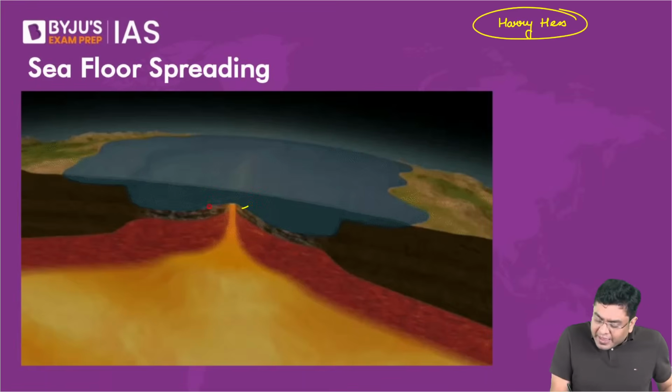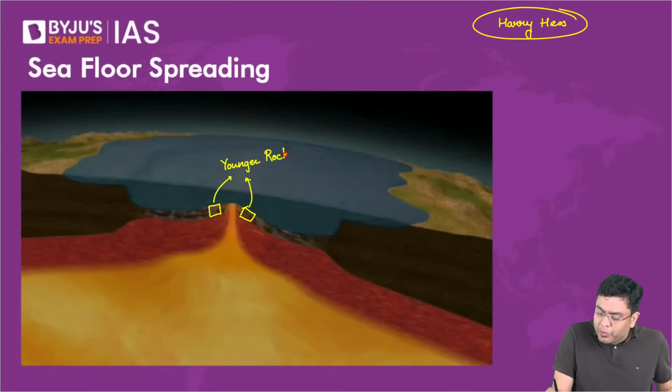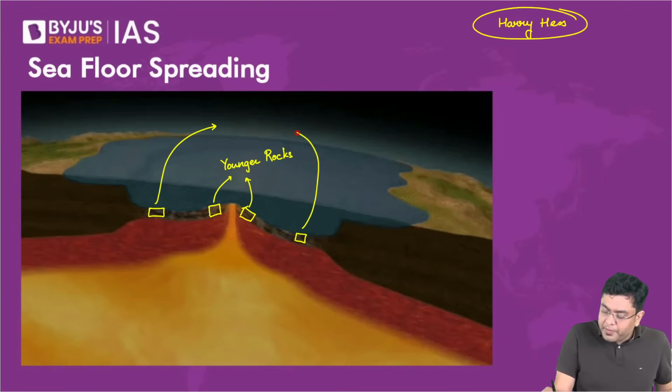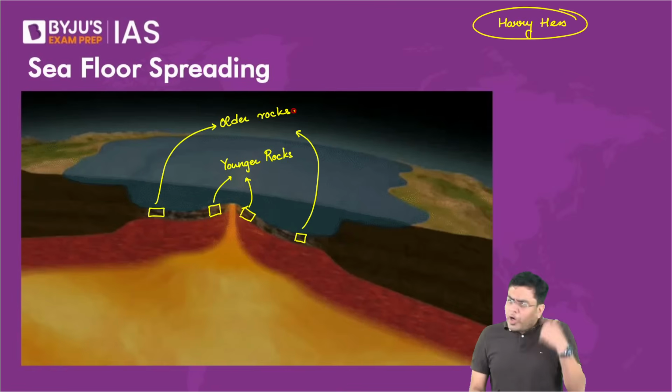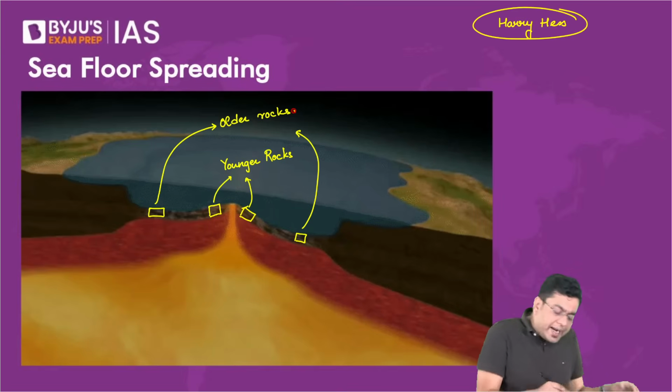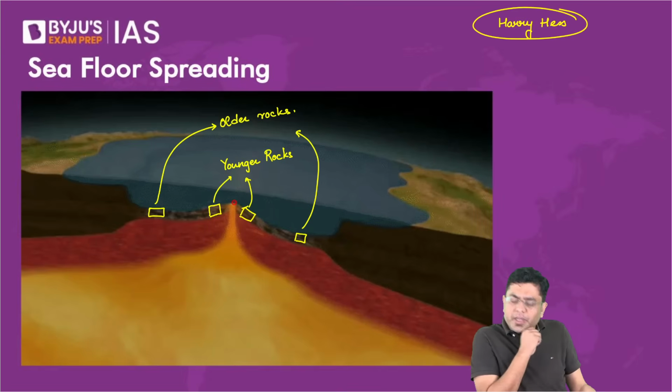He observed that closer to the ridges you have younger rocks, and as one moves away, you come across older rocks. So what does that indicate? That newer crust is getting created at this region of mid-oceanic ridge, isn't it?